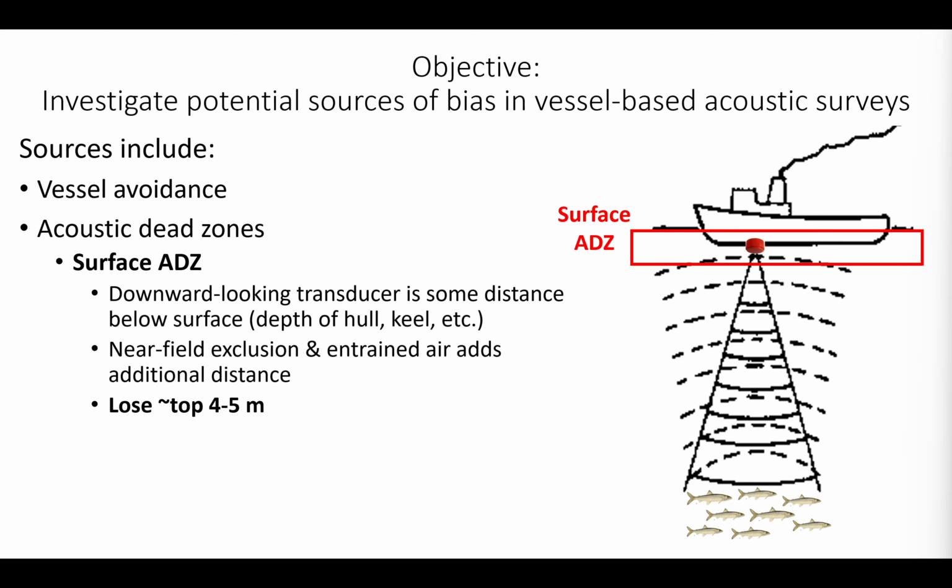Potentially, we have a down-looking echo sounder that's attached to either a ship hull or a pole mount off of the ship, or off of a keel in the case of a drone. That's some distance in the water, which means you, by definition, can't see any fish sitting higher in the water than that down-facing source of sound. That orange thing is the transducer and the source of sound. The other potential reason is that within a certain distance of the transducer, we don't use the sound there.